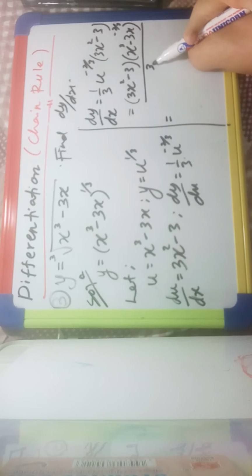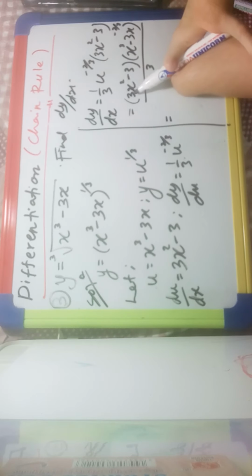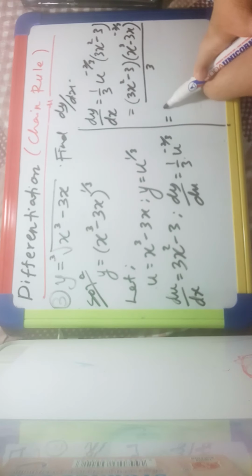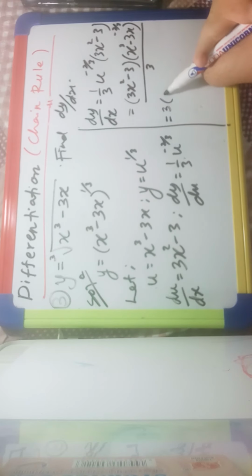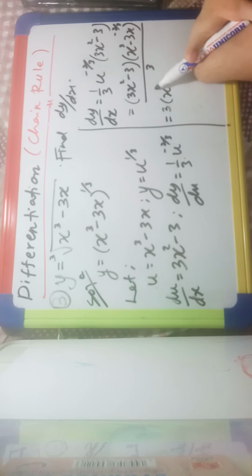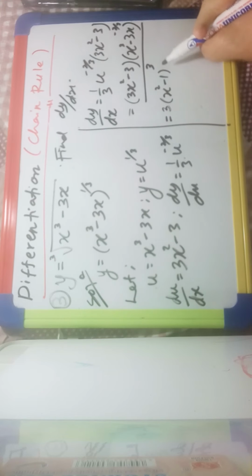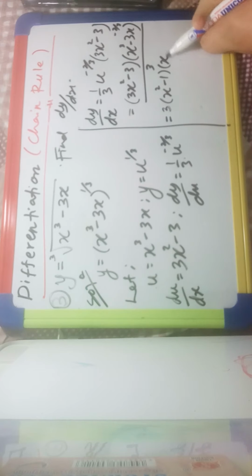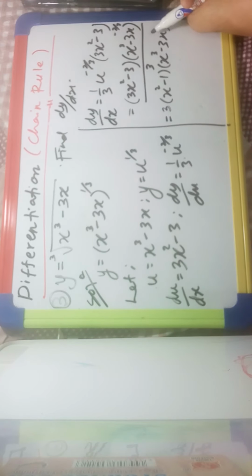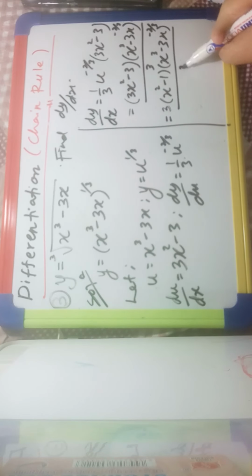Okay, now I will think how to remove the denominator. I see common factor is 3, so this 3 and this 3 can be simplified. So 3 I will factorize x square minus 1 in bracket x cube minus 3x the power of negative 2 over 3 divided by 3.